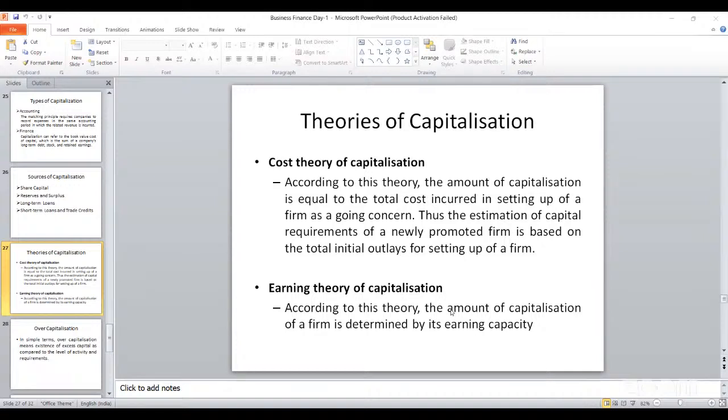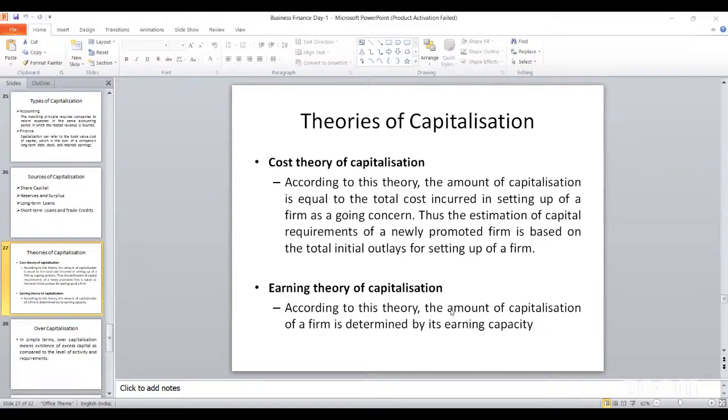That means the worth of a company is not measured by the capital that you have. It is decided by the earnings that you are making out of the productive assets used, and with respect to that you calculate your earning theory of capitalization.